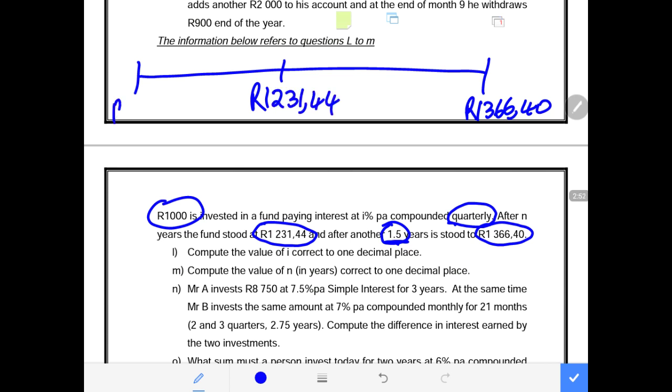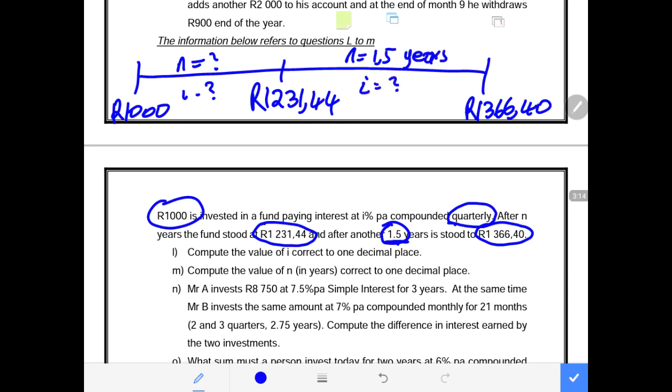In this first period, n is a question mark, we don't know, and I is also a question mark. In the second period, we know our n is 1.5 years. That means it is a period of 18 months. We know our n and we don't know our I.